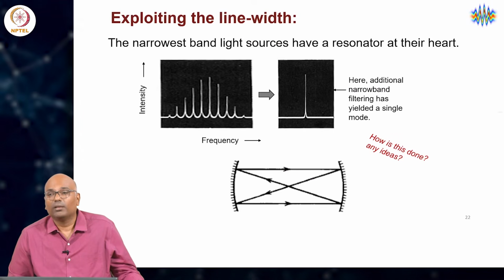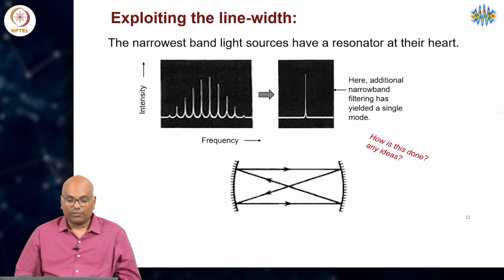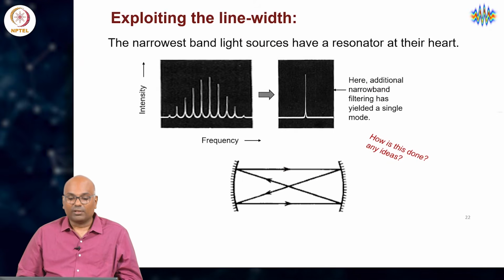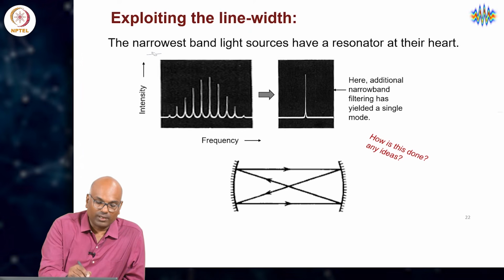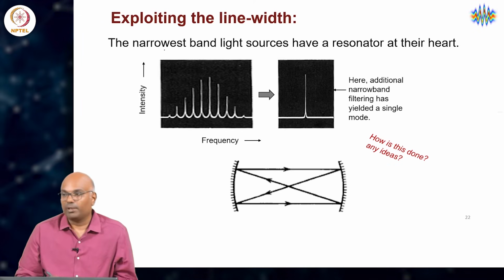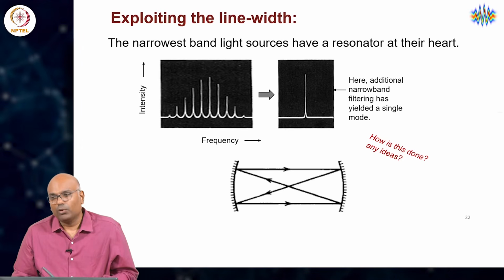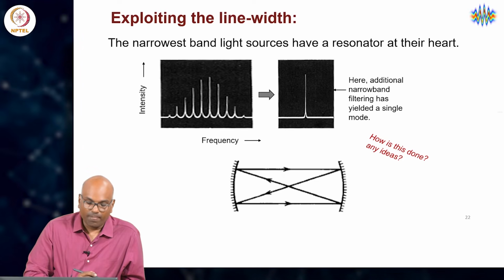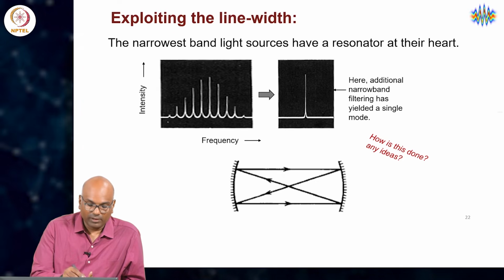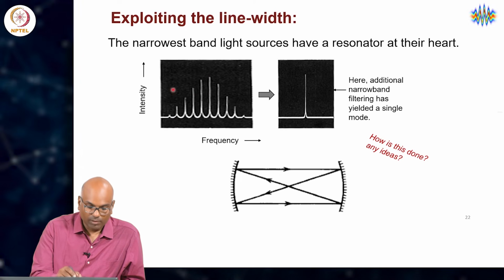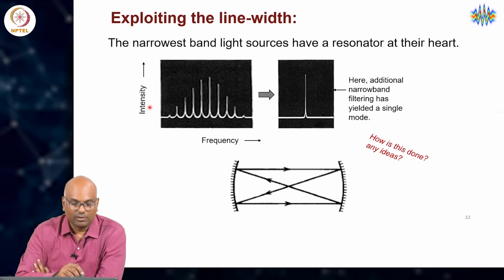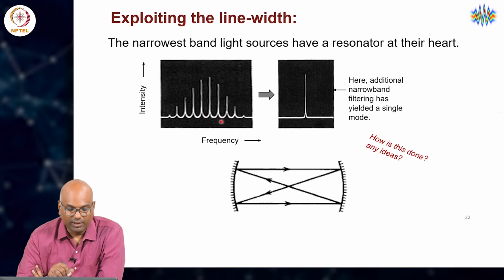Maybe I will discuss for a few more minutes and close, leave you with a teaser. I said that resonators are at the heart of the narrow band light sources, which find applications in metrology and also spectroscopy, right. So, if I have a light source with a frequency profile which is like this, the view graph on the left, right.